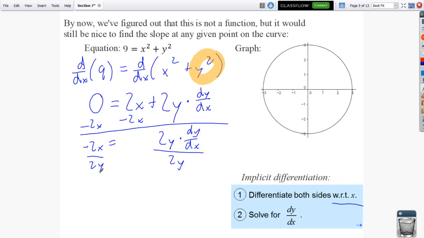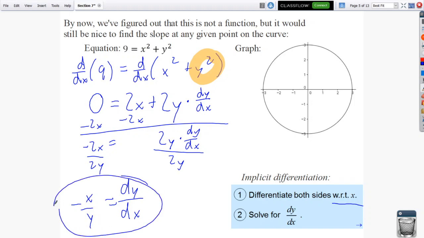Divide by 2y. I now have dy/dx is equal to negative x over y. So dy/dx is equal to negative x over y. And ultimately, we would probably want to put that as dy/dx equals negative x over y instead of how it's ordered over here.